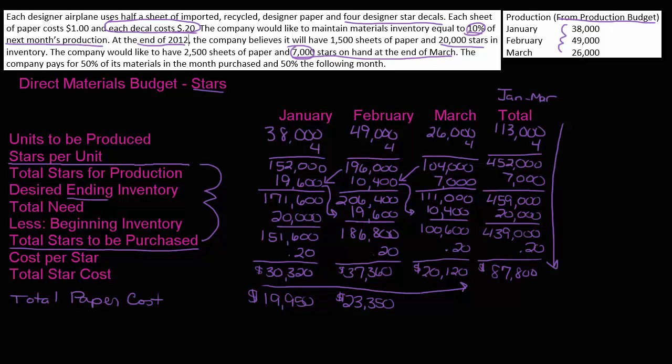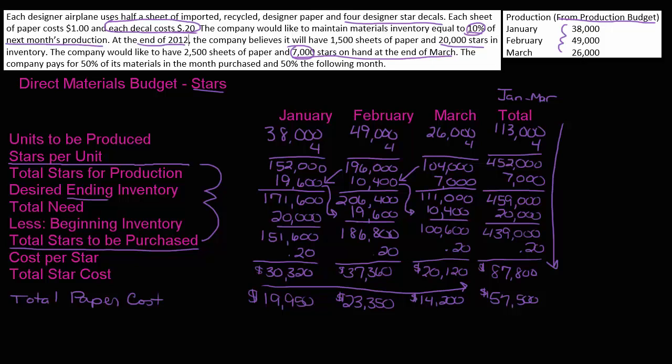For March, I've got 14,200. And the total for the quarter was 57,500. So now that I've got all that, I can add those two numbers together to figure out what my total material cost is going to be.